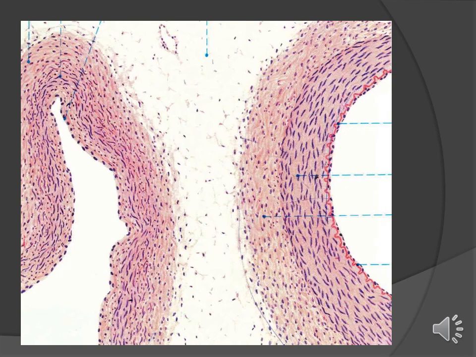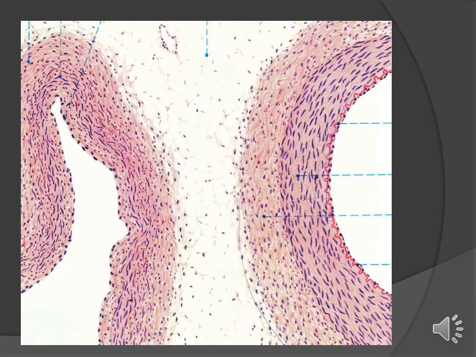In the vein, the layers are poorly demarcated. In the artery, the layers present in the wall are very well distinguished and the boundaries are very well visible.